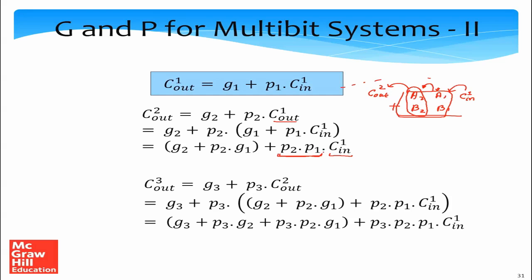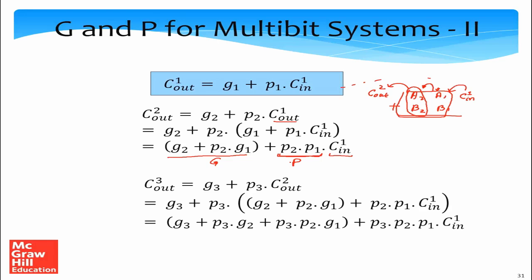That's the reason for the AND function. A nice way of understanding the generate is that either the second pair is generating, or the first pair is generating and the second pair is propagating, right? So this can be considered as the generate for the 2-bit pair and this as the propagate.